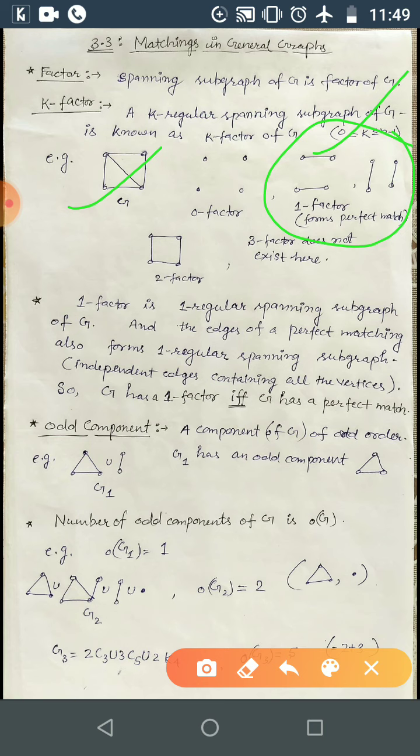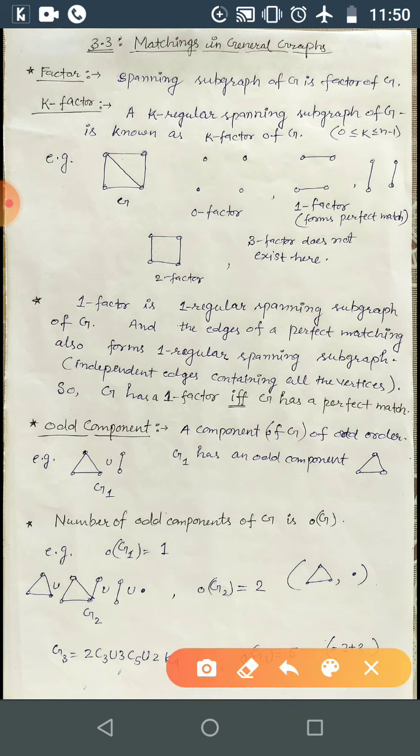So there does not exist any simple graph corresponding to that. And as we are discussing only simple graphs, obviously 1 factor implies it's a perfect matching. All the edges of a 1 factor form a perfect matching, correct.